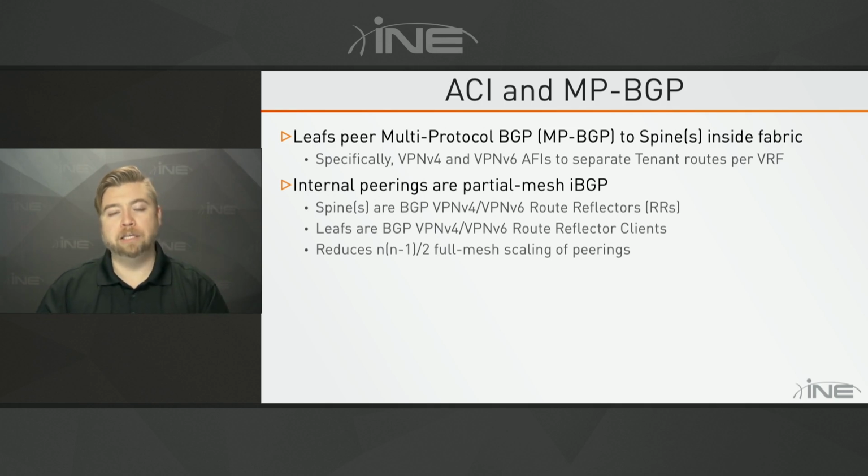So we'll see that you can leak traffic between the VRFs, and it's actually much more straightforward to do that in ACI than it is on your standalone Nexus or standalone IOS platforms, because you don't need an external router to send the traffic up to and then back down in order to leak the traffic between the tables. The way that we do it in ACI is simply by configuring a contract from one tenant to another, or from one tenant into the global table like the common VRF, and then it automatically advertises the routes back and forth depending on the direction of the contracts that we're specifically configuring.